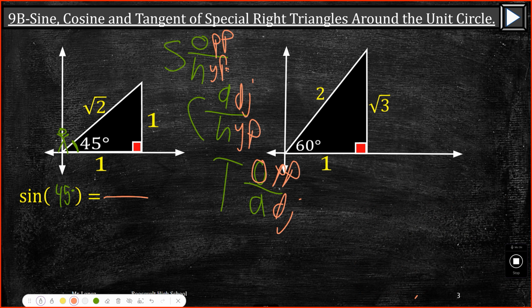Sine is opposite over hypotenuse. Which one is opposite? This one or that one? This is called opposite. So that's 1 over the hypotenuse, which is what? Come on. Root 2? Okay.